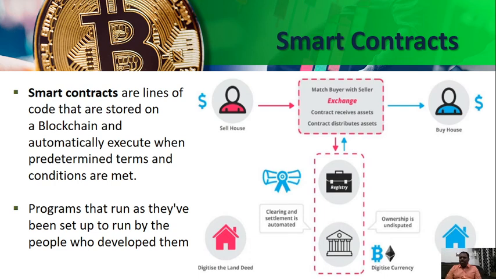They agree on certain things, and the contract is created. The contract receives assets, and the contract distributes the assets. And all this information is stored in the registry. The ownership becomes undisputed. The clearing of the settlement is undisputed, and then you digitize the land deed. Because it uses cryptocurrency like bitcoins as well, the digital transaction becomes more secure and more viable.